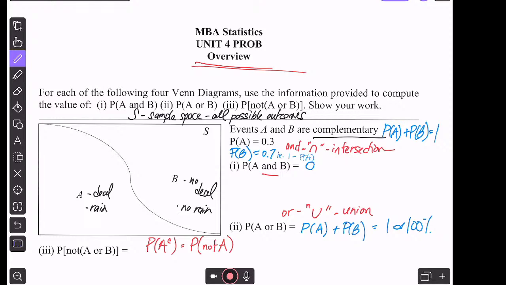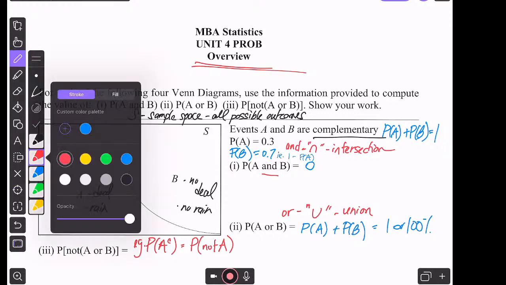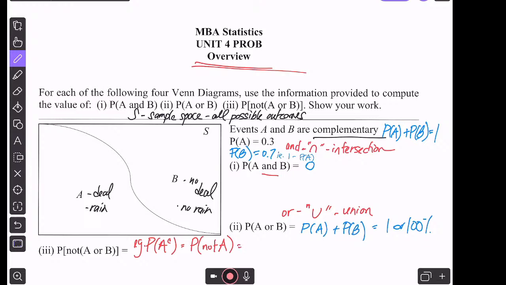So for instance, the probability of AC or A complement is the same as writing the probability of not A, and that's the same as 1 minus probability of A. And this happens to be the probability of B. I could also write that without probabilities.